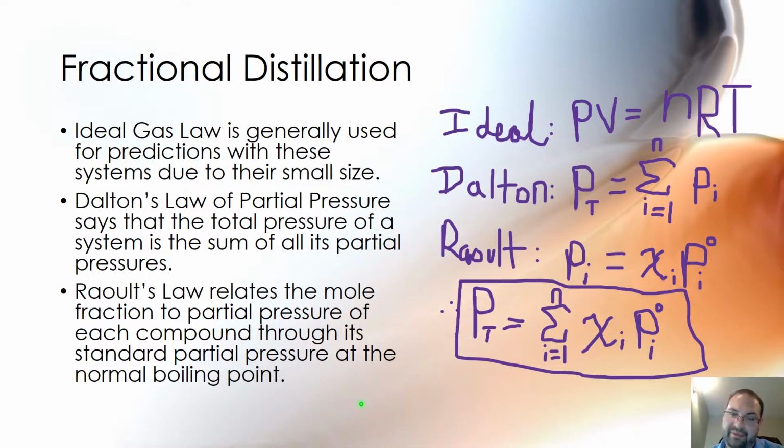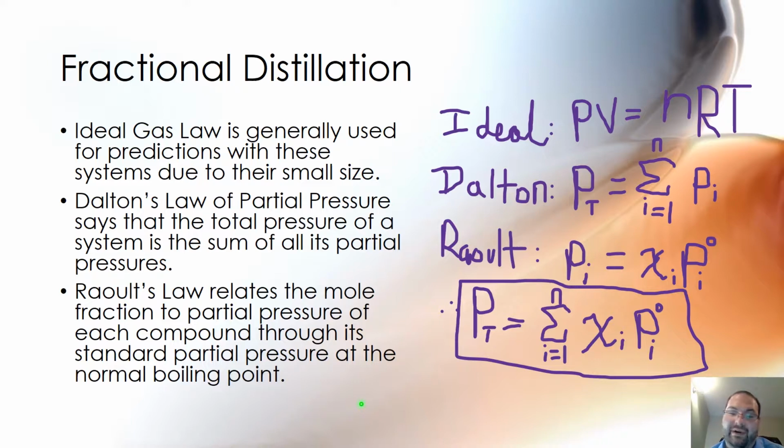Now, the problem with this setup is that in a distillation, the temperature is changing. It isn't constant. There's no way that it is. So you can't actually use these equations alone when you want to look at what's going on in the column. You just can't do that. You have to take into account temperature variation.